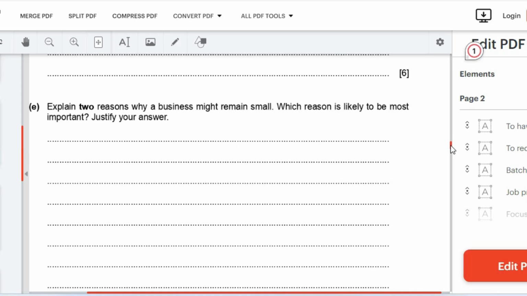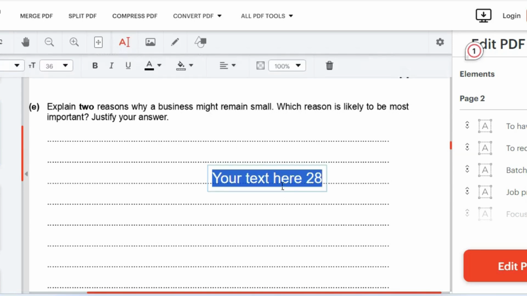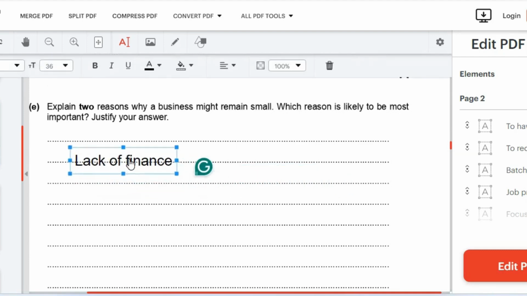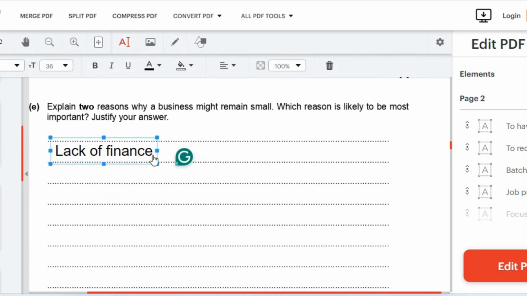Why do you think business might remain small? The first point is lack of finance. Of course, when access to capital is more difficult, it can make a business remain small.